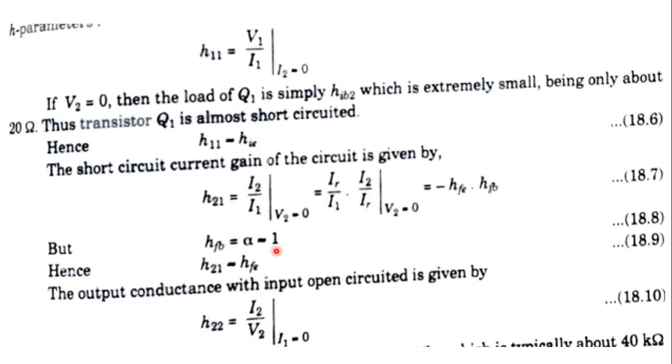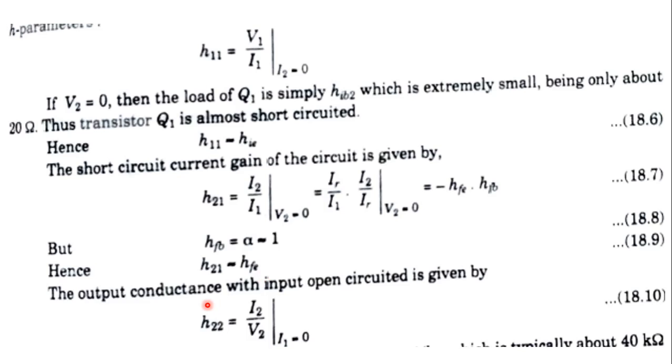So this HFB becomes 1 here, and hence H21 becomes equal to HFE. So H11 is calculated here, H21 is coming out here.